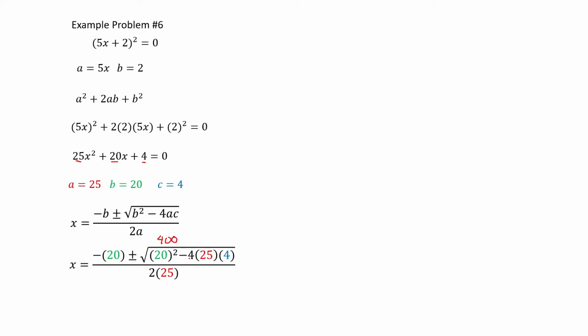And 4 times 25 times 4 is also 400. This will be under the square root. Here, this will be negative, and 2 times 25 will be 50. It's like that.